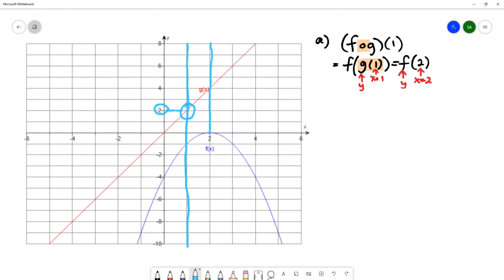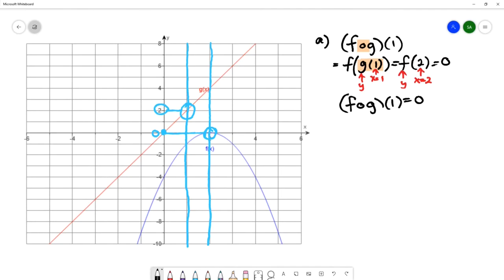All of these ordered pairs along this vertical line have an x value of 2, and we're specifically going to focus on this one here, which is on the graph of f, and that has a y value of 0. So f of 2 is 0. So we were able to figure out that f composed with g of 1 is 0.